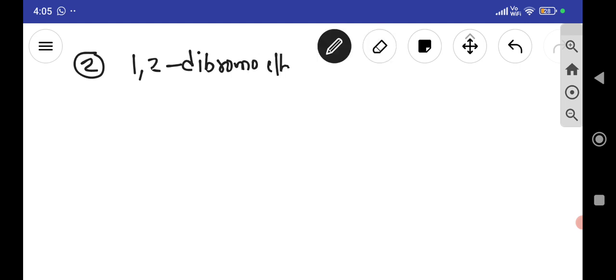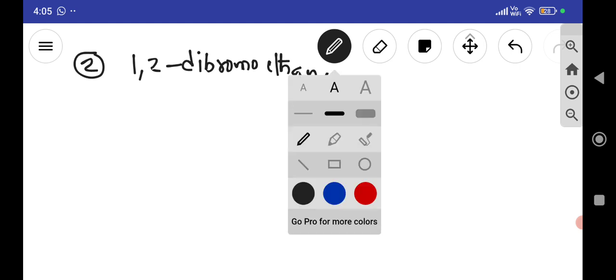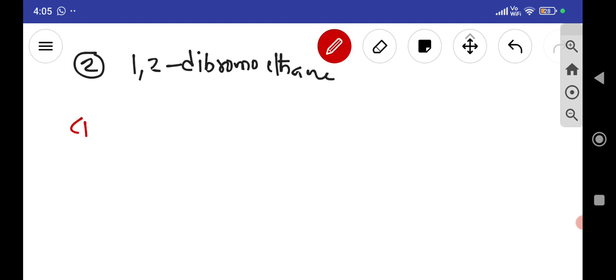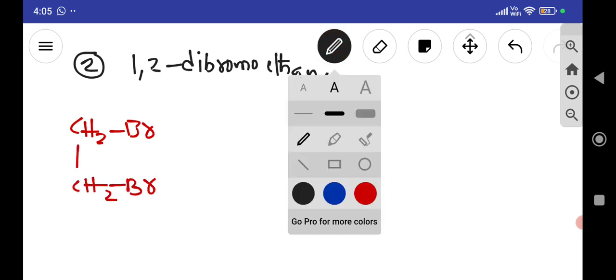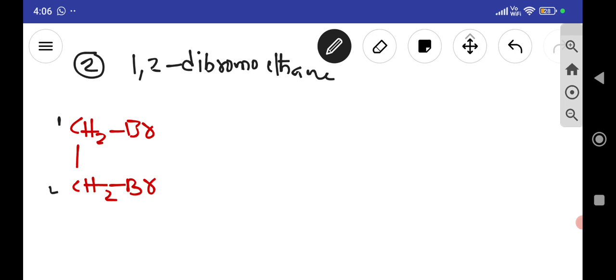Now the second method of preparation, what is that? From 1,2 dibromoethane you can prepare ethyne. So the structure is CH2Br and this is CH2Br. So first position, second position, 1,2 you have written.